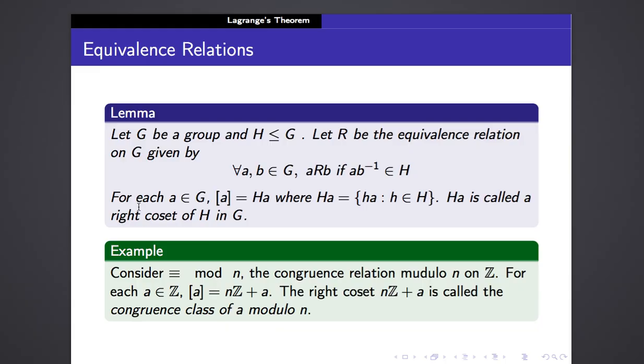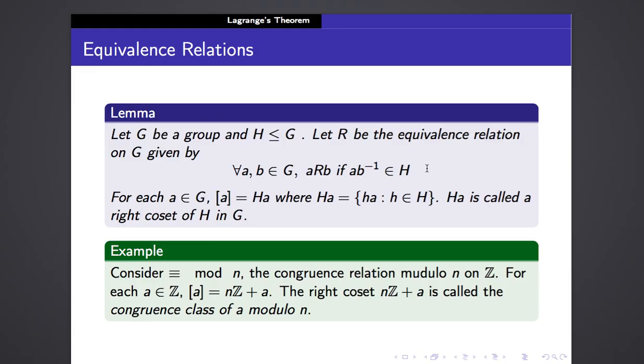What's the significance of this? Very important. Whenever you have a group G with a subgroup H, you can always define this equivalence relation.